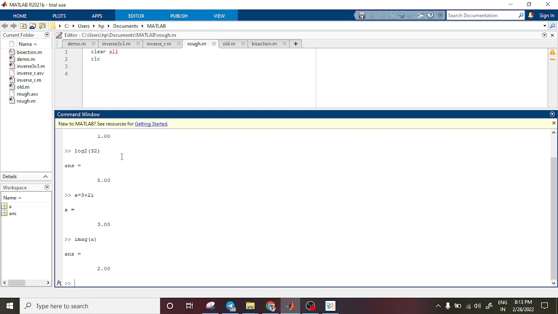So similarly, if I'm writing real, I will get the real part. If I'm writing abs, meaning the absolute value of this one, I'm getting 3.61. That will be the absolute value of this complex number.